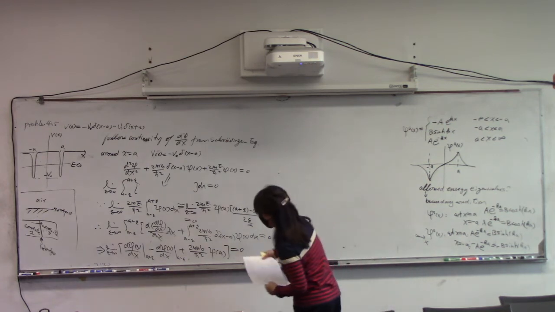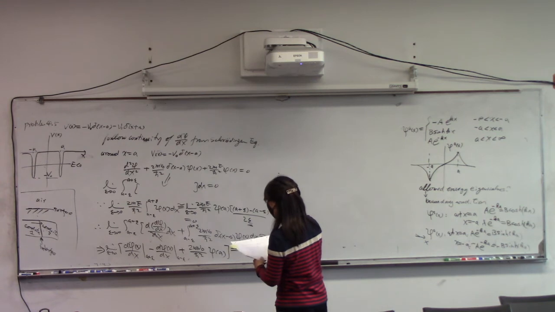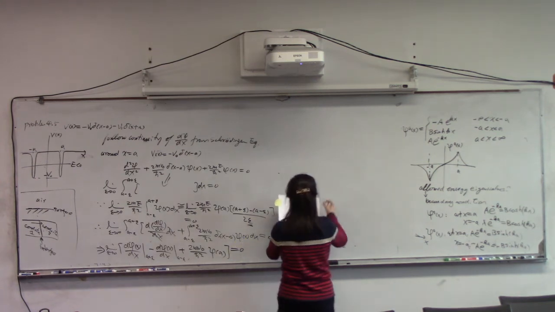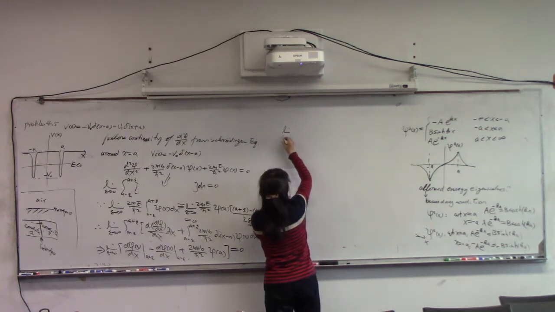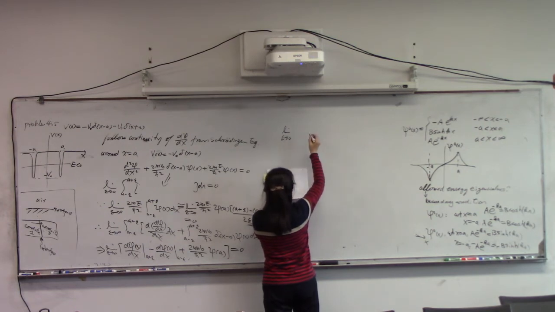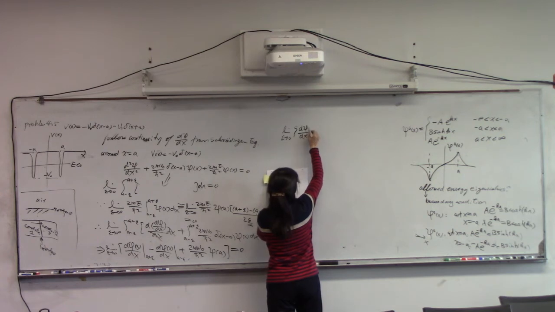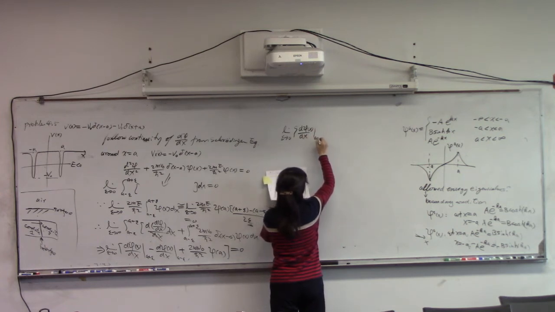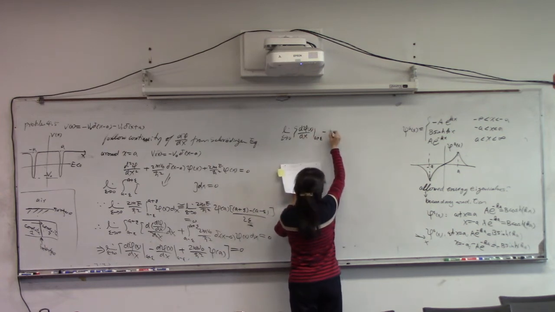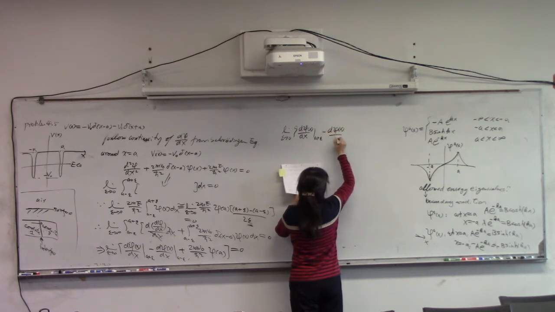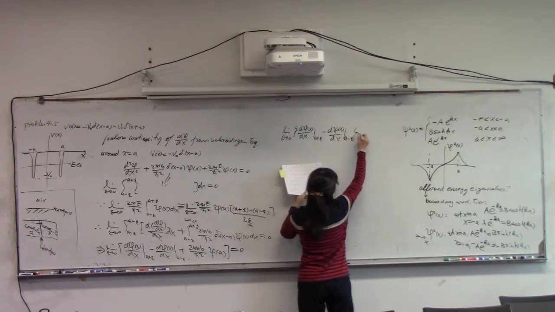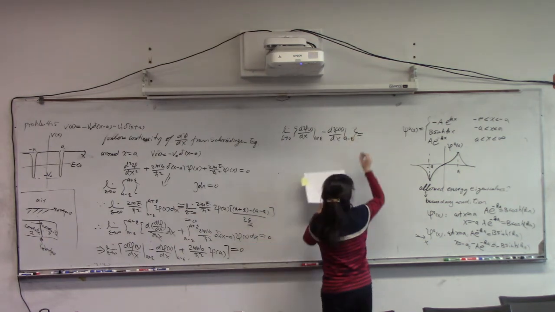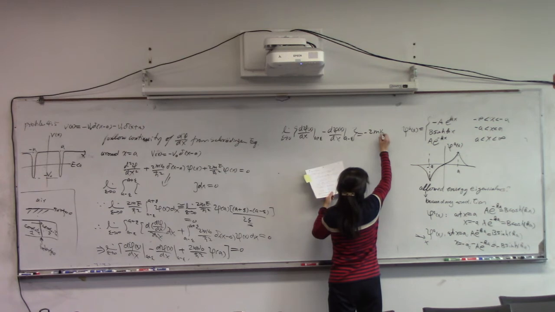So finally we have this formula: the limit as epsilon goes to 0 of the first order derivative of psi at x equal to a plus epsilon, minus the derivative at x equal to a minus epsilon, equals negative 2m alpha over h bar squared times psi at a.